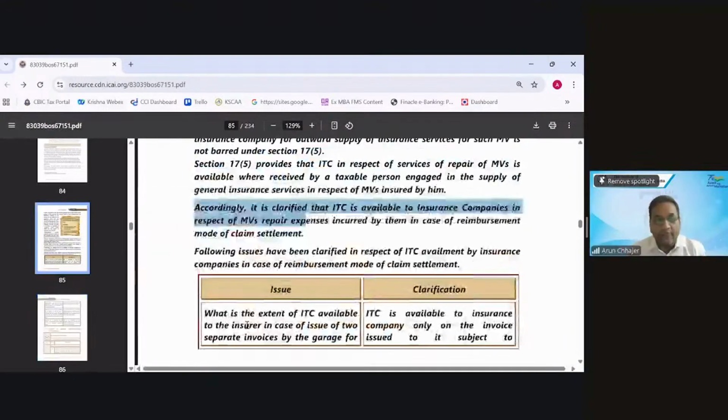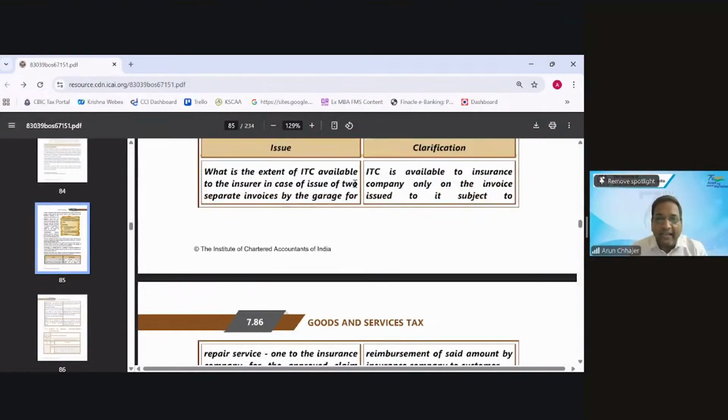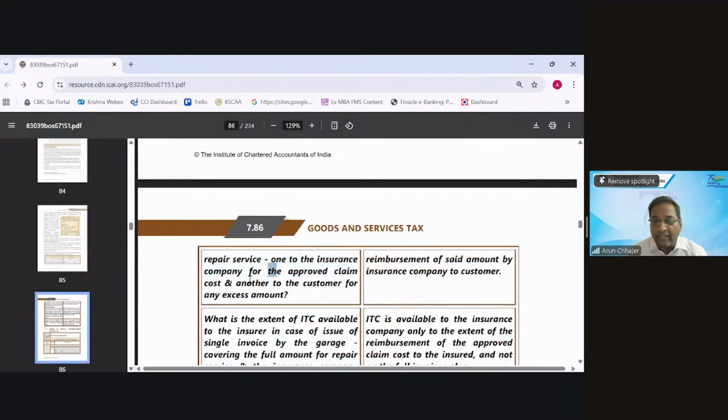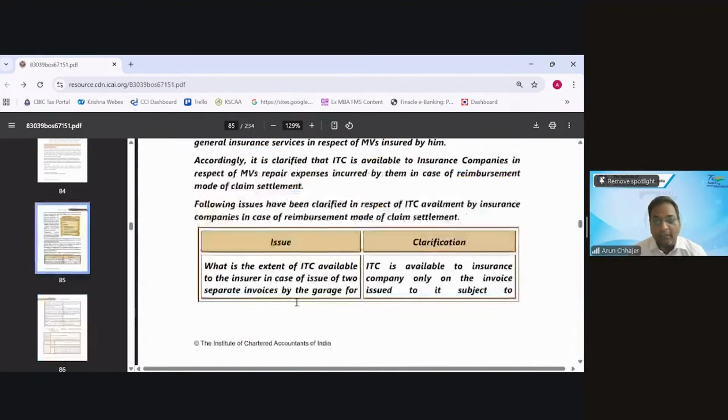What is the extent of ITC available to the insurer in case of issue of two separate invoices by the garage, one for the insurance company for the approved amount, another to the extent of the excess amount?